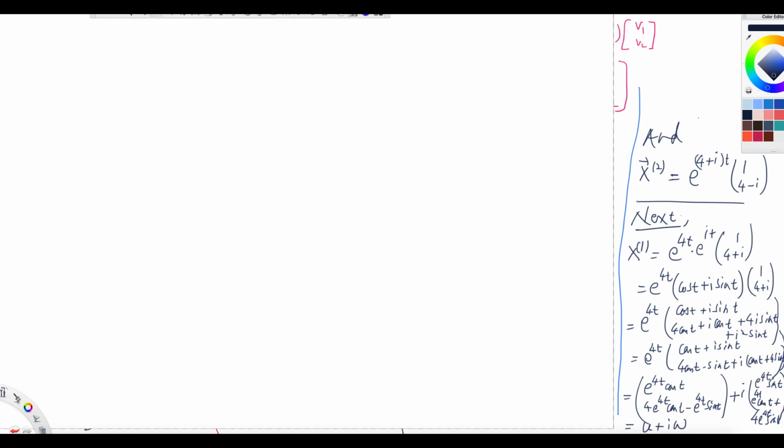Similarly, if you take the second solution, x superscript 2 inside the parenthesis, just to tell that this is the second solution, and do the same thing, you will get the u minus iw format.